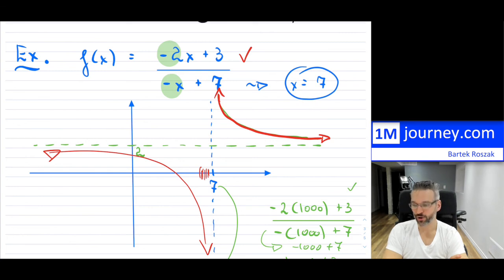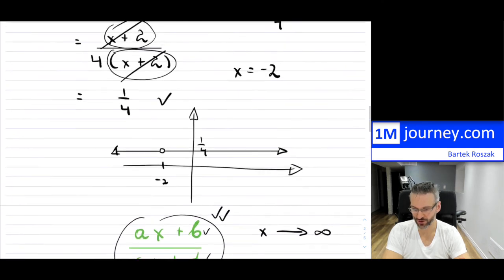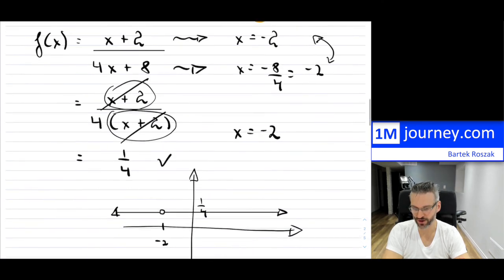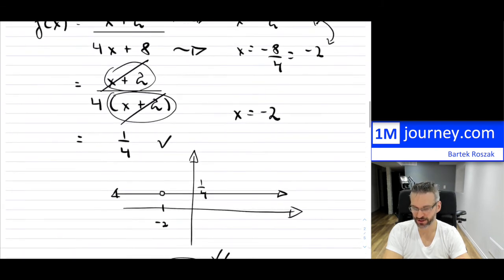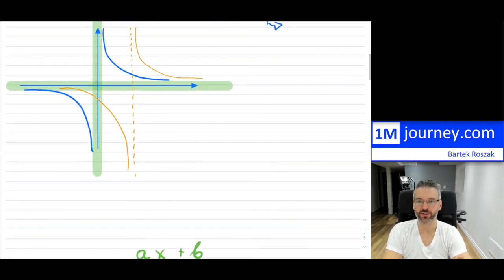Hopefully those examples help and give you a sense of what to think about in terms of horizontal and vertical asymptotes, maybe a hole. You can try those out for yourself to plot.